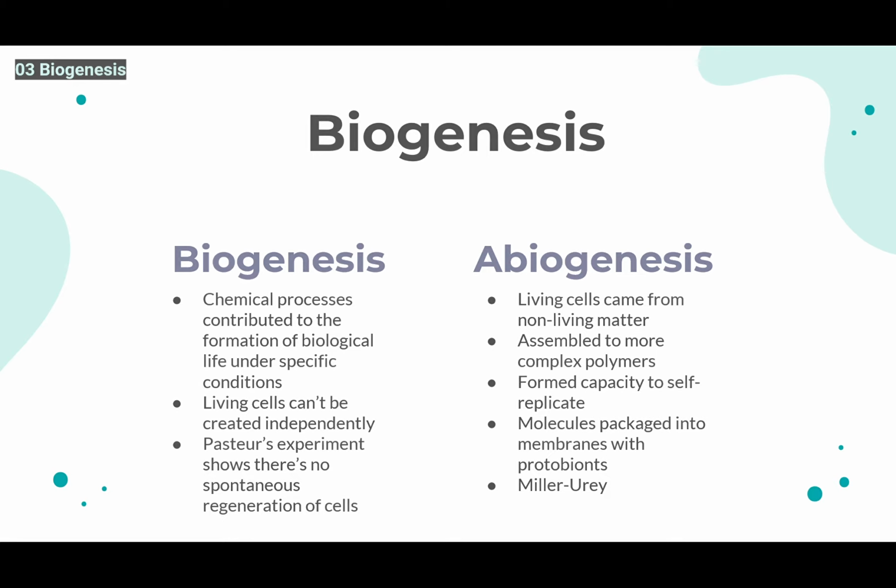And so biogenesis says that cells come through the division of pre-existing cells. That was made clear by an experiment by Louis Pasteur, who grew bacteria because of contamination with pre-existing cells. That means there would be no spontaneous generation of cells, so bacteria would only grow because there were pre-existing cells and not the other way around.